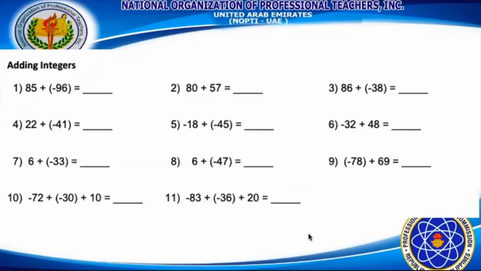Oh, mabilis. Try nyo ang sagutan. Do not use calculator. Use manual. Number 1 to 11. Go. 85 plus negative 96. Baka naman hirap na hirap pa kayo mag-add, mag-subtract.